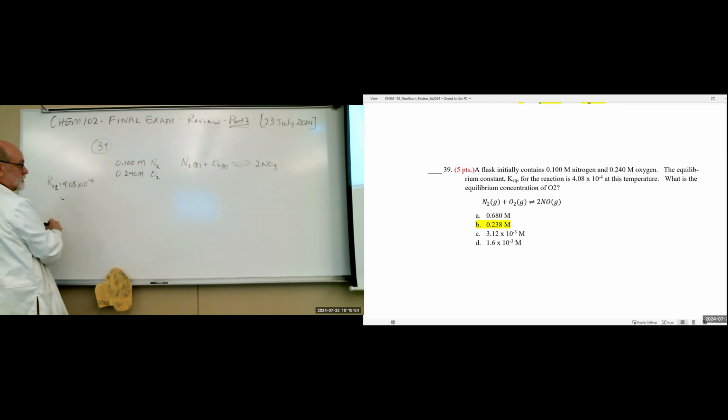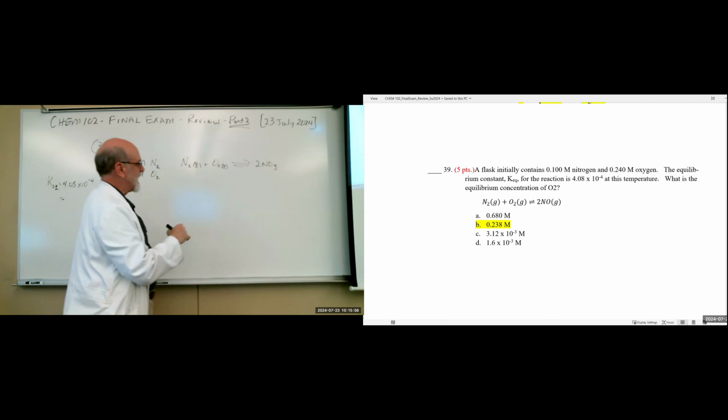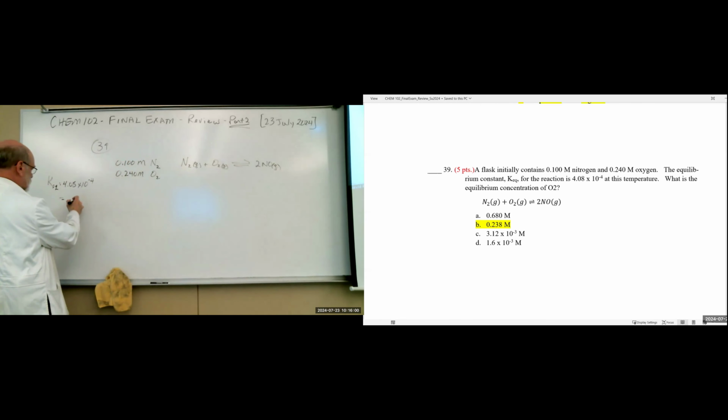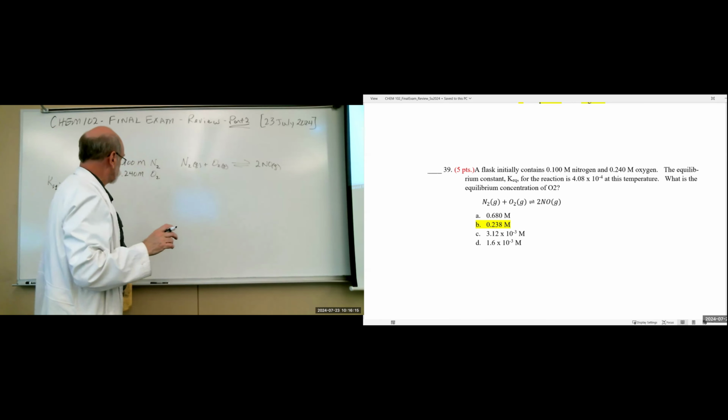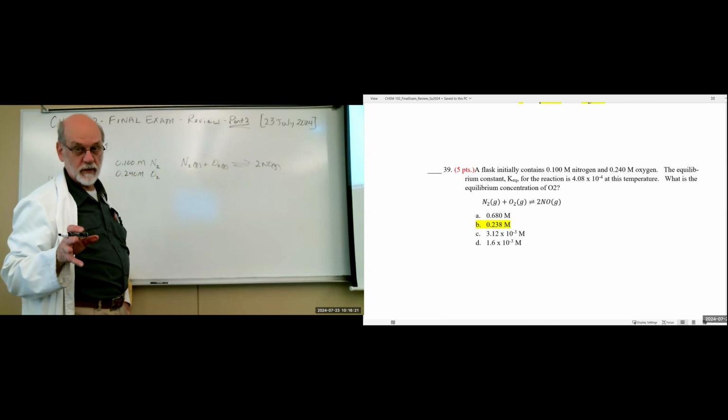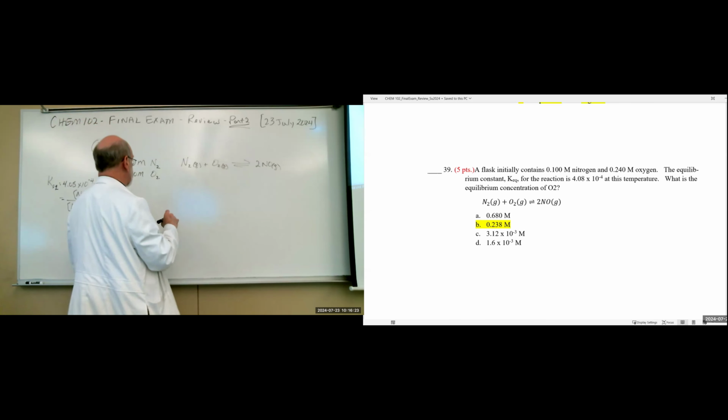And that's equal to, these are all gases, so that means we've got NO squared divided by N2 to the first power times O2 to the first power. If these are the initial amounts, 0.1 molar nitrogen and 0.24 molar oxygen, what's the final concentration?